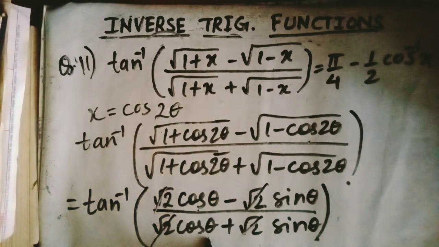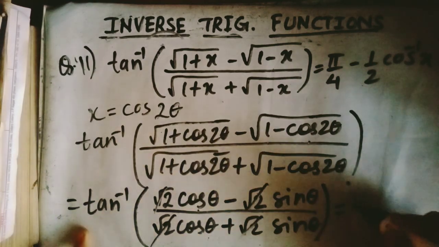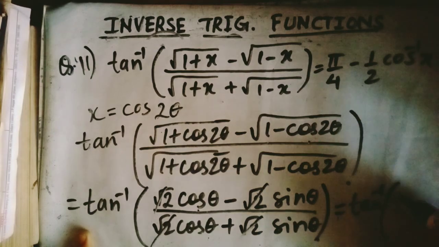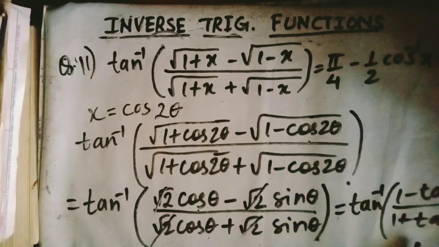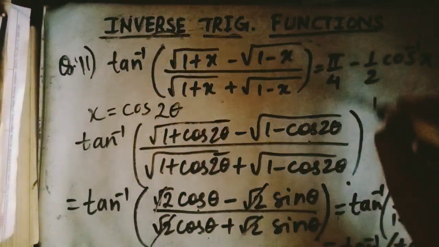So if you divide by cos theta in the numerator and denominator, you will get tan inverse of 1 minus tan theta upon 1 plus tan theta, and this we know is tan of pi by 4 minus theta. Okay, so this is tan of pi by 4 minus theta, which is nothing but pi by 4 minus theta.